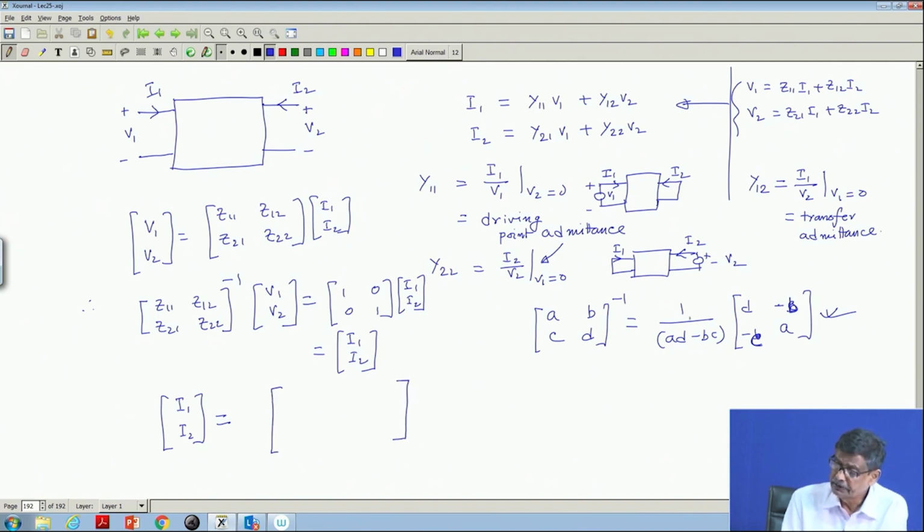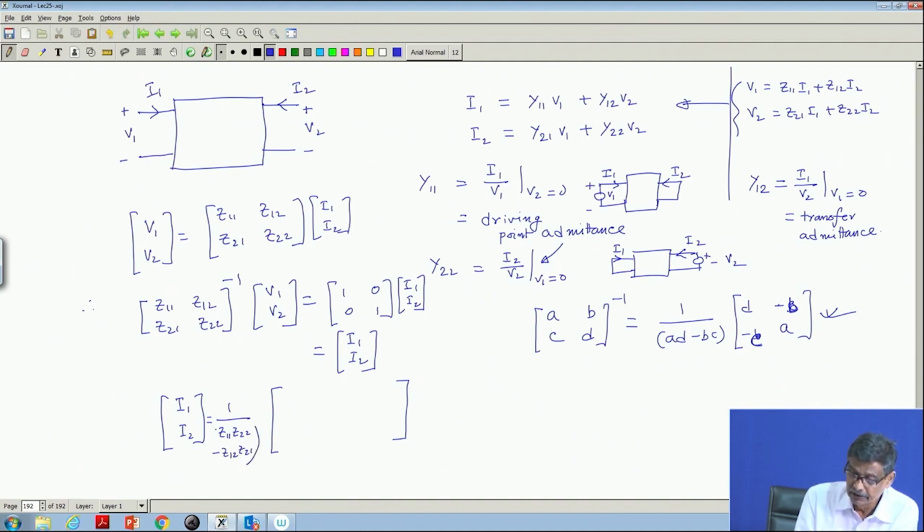What will be Z inverse? You divide by the determinant, that is 1 over Z11 Z22 minus Z12 Z21.